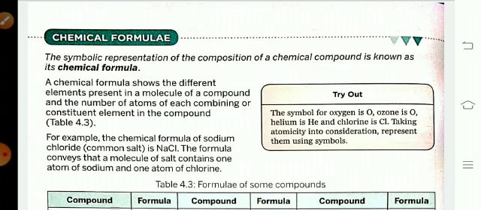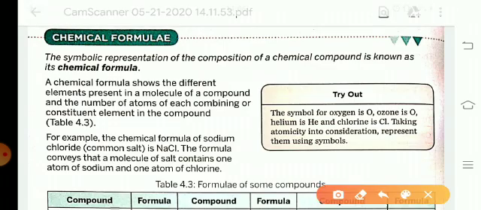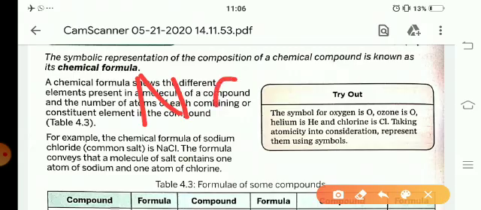For example, the chemical formula of sodium chloride is NaCl. The formula conveys that a molecule of salt contains one atom of sodium and one atom of chlorine.